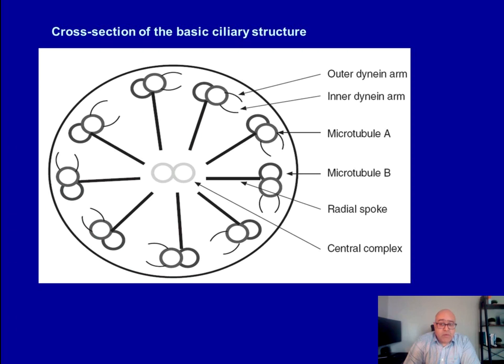So essentially in PCD we get problems with dynein arms either being absent or shortened, and therefore that causes the cilia to have abnormal movements, and therefore you get the clinical syndrome of issues with any organ which has cilia involved with it.